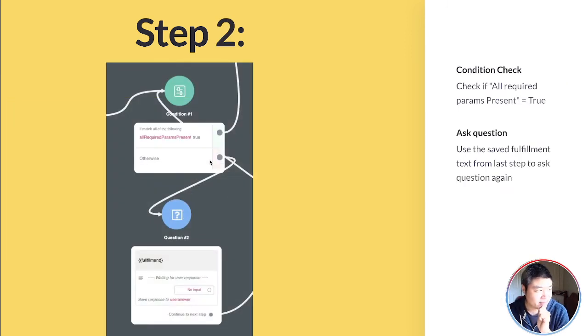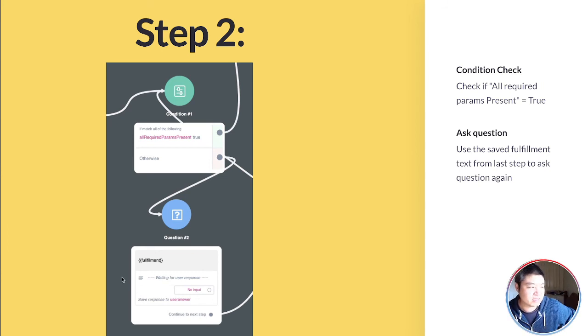And step 2 is very simple. You use conditions to check if all the required parameters are present or not. If you already got all the information you need, then you can send the customer to the confirmation. If not, then you can use the fulfillment custom field from the previous step, because in the previous step, the response is a prompt that you set up in Dialogflow, right?